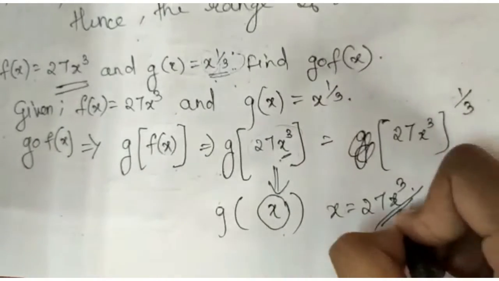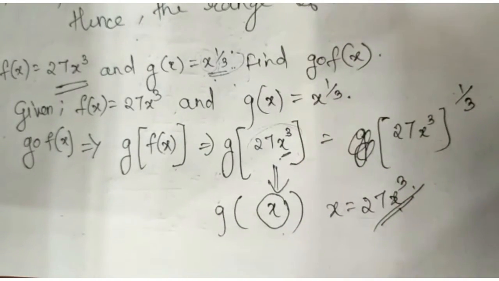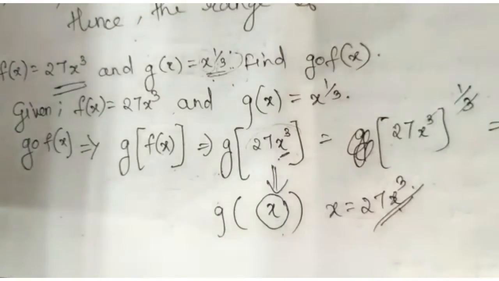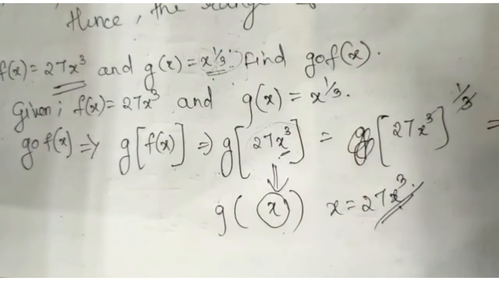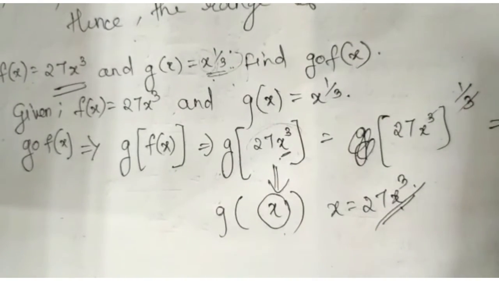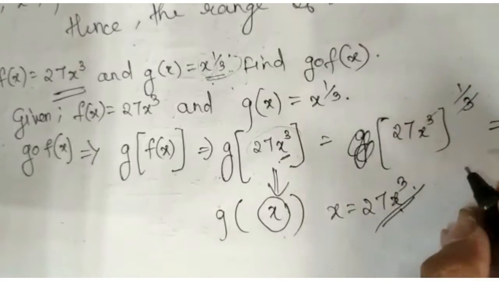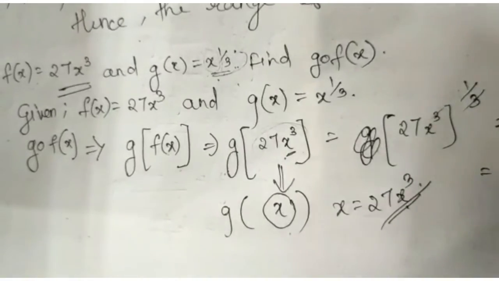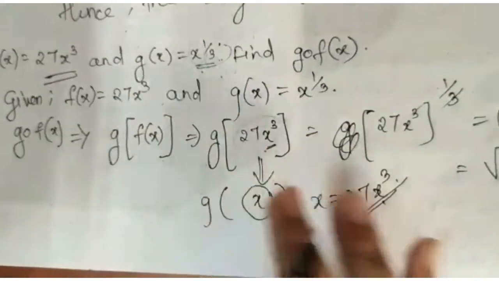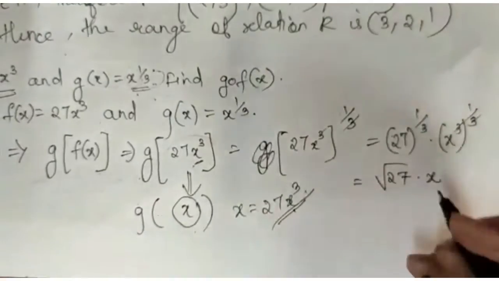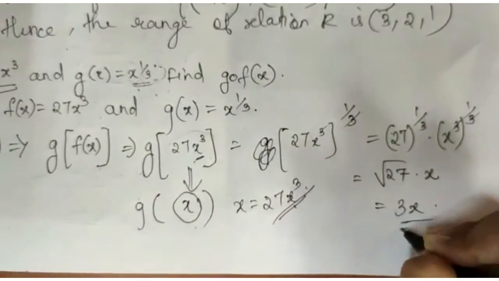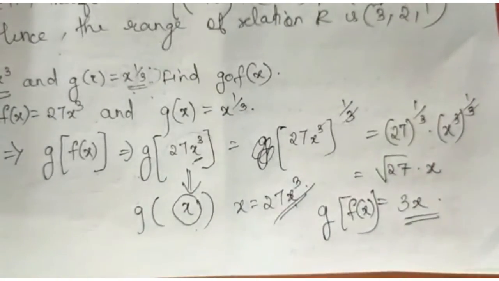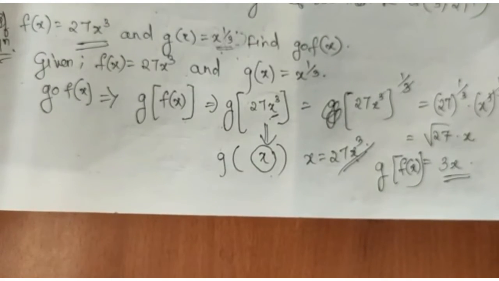So hence your answer will be 27 raised to 1/3 and then x cube raised to 1/3. 27 raised to 1/3 means cube root of 27, and this would be x, as the 3 and 1/3 get cancelled. Hence this is your entire question.